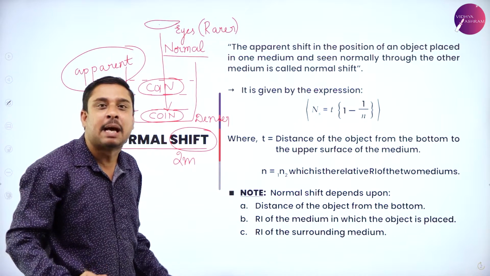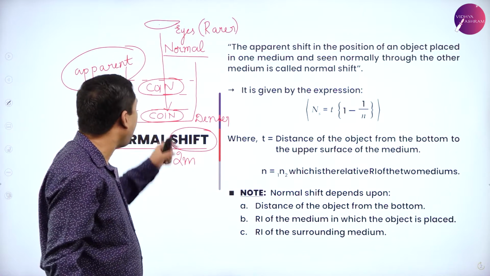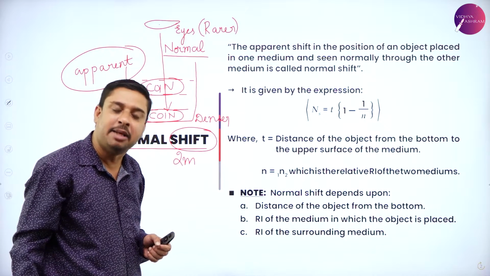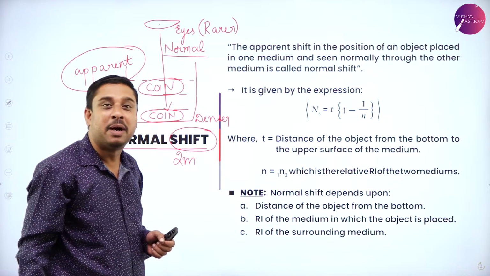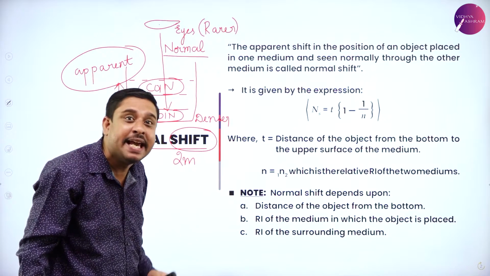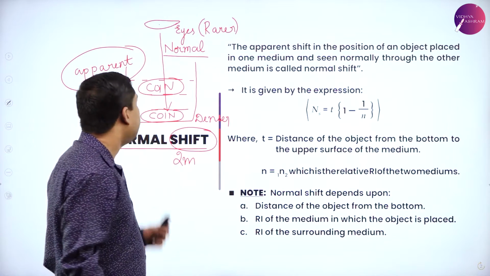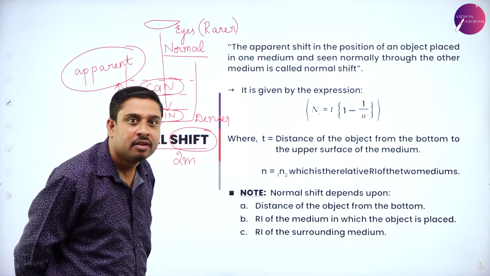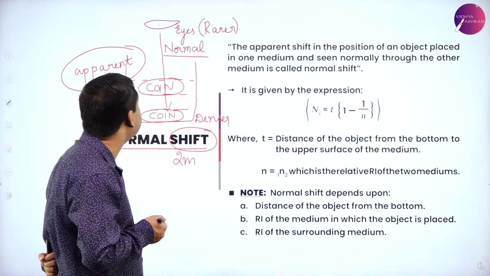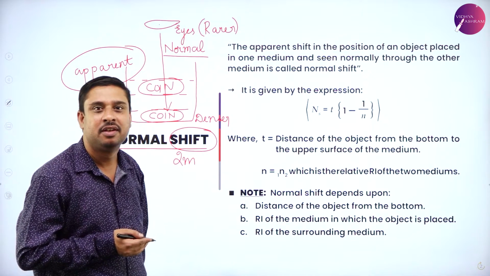Apparent means something which is not true. The coin is at the bottom, but for the observer, he feels that the position has shifted. Apparent shift. And that is what is called normal shift.